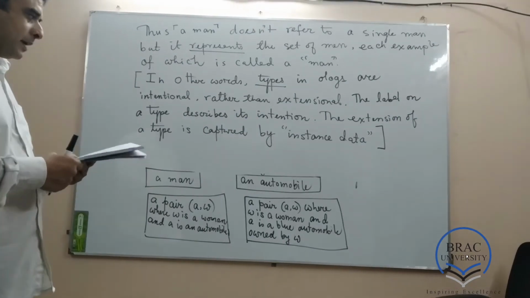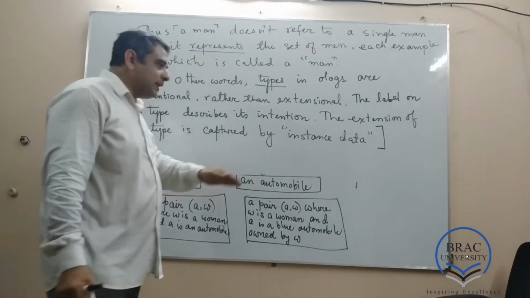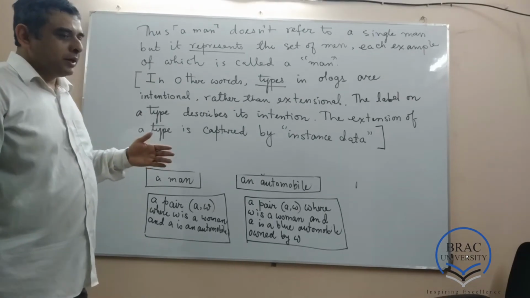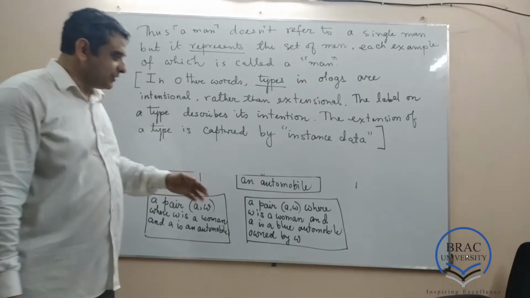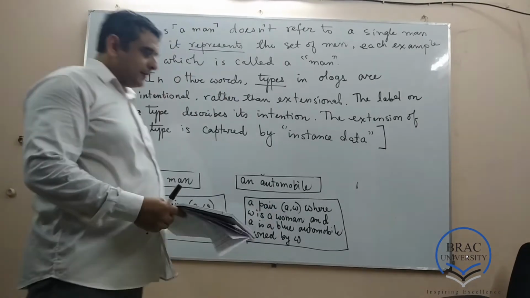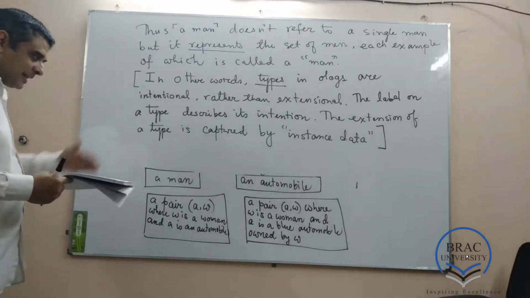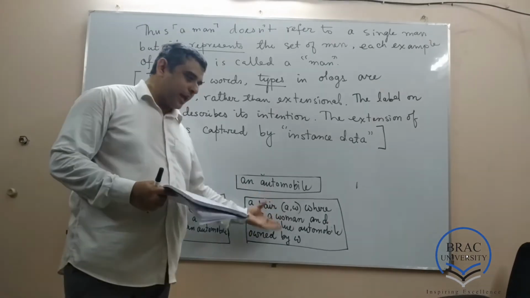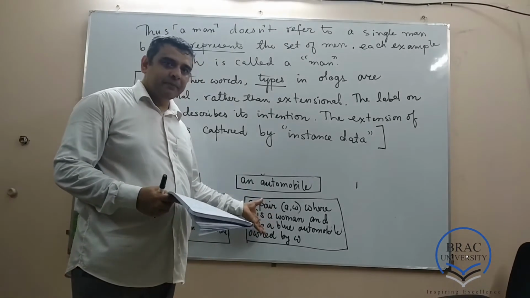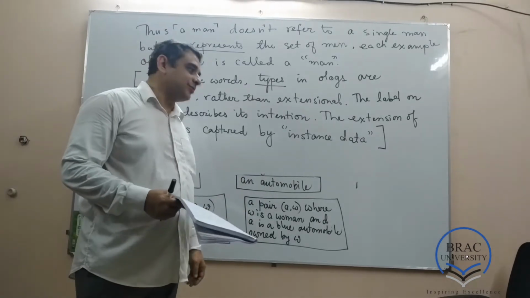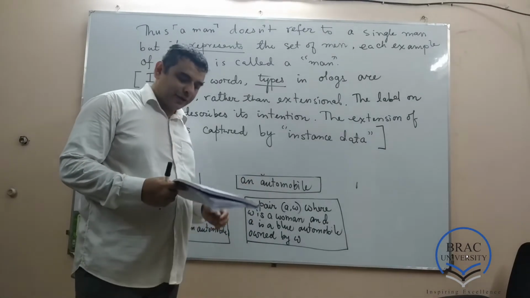But for all those million examples, there is a common theme, which is captured by this text written down here. This label for this type captures the common theme between all those examples.